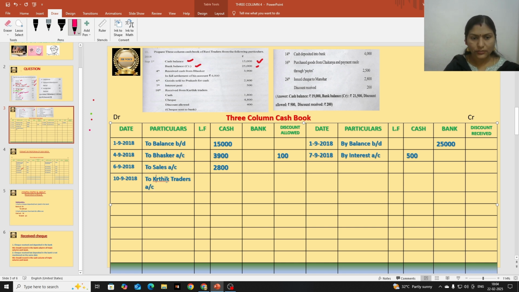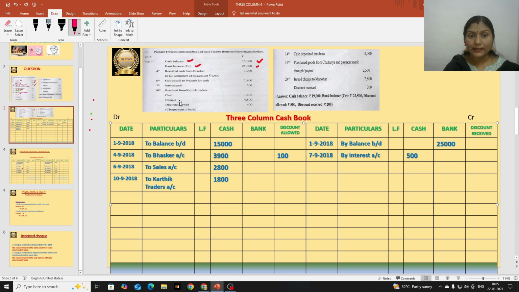Okay, Karthik Traders account. Where will we put the amount? So what are they receiving? You can see on the top there is a question: received from Karthik Traders, cash 1800. So cash we will put in cash column, 1800.